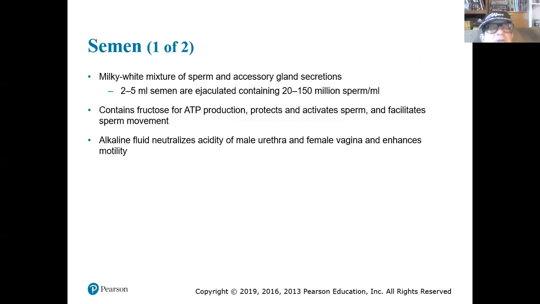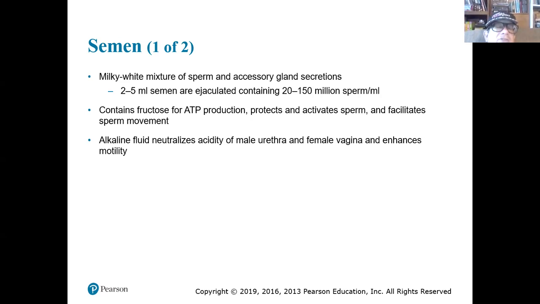All right, so let's talk about semen. Milky white mixture of sperm and accessory gland fluids. 2 to 5 milliliters of semen are ejaculated containing 20 to 150 million sperm. It contains fructose for ATP production. Remember, seminal vesicles have a lot of the fructose. That's food for your little swimmers. It protects and activates the sperm.